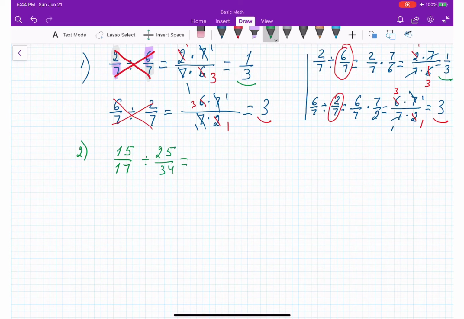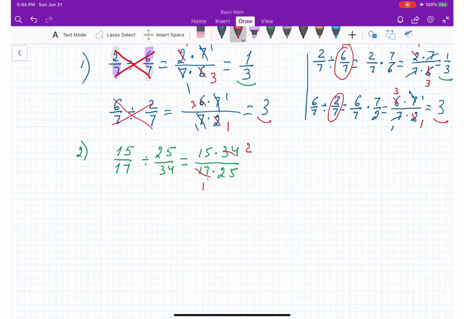All right, so 15 times 34, 17 times 25. So let's see what we have. 17 and 34, can I divide both by 17? Yes. This will be 1, this will be 2.